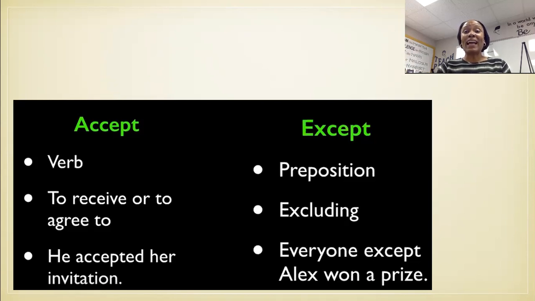Except, on the other hand, is a different part of speech with a different function. Except is a preposition which means to exclude. The example that follows says, everyone except Alex won a prize. In other words, everyone excluding Alex won a prize.